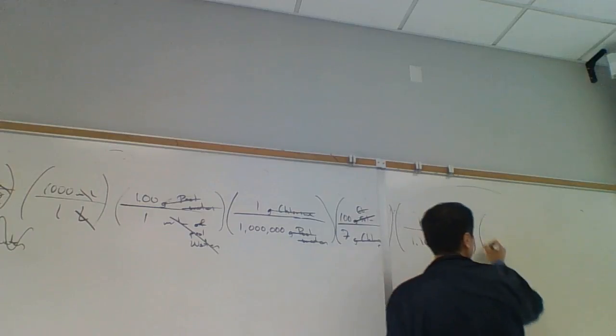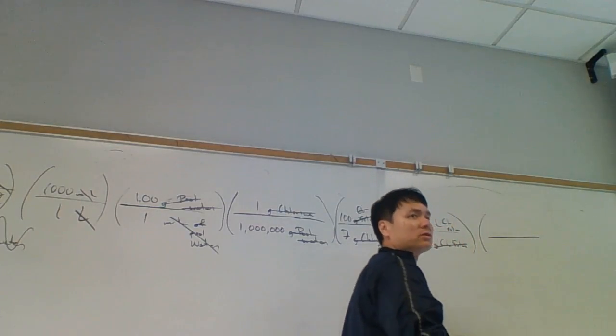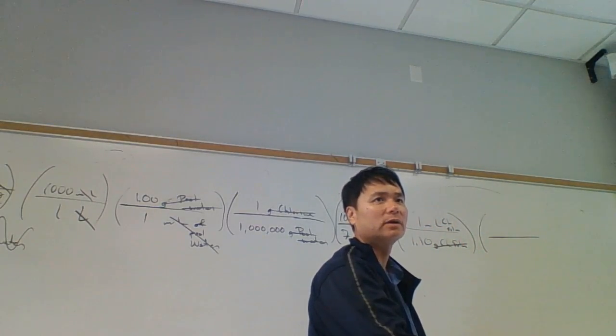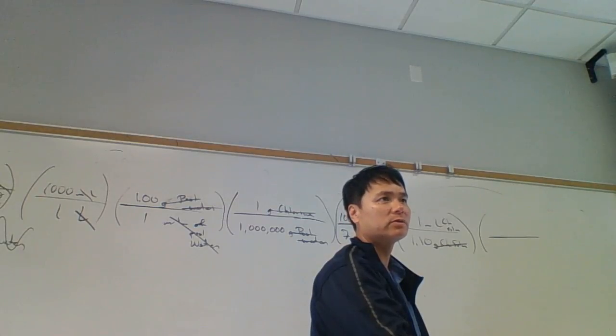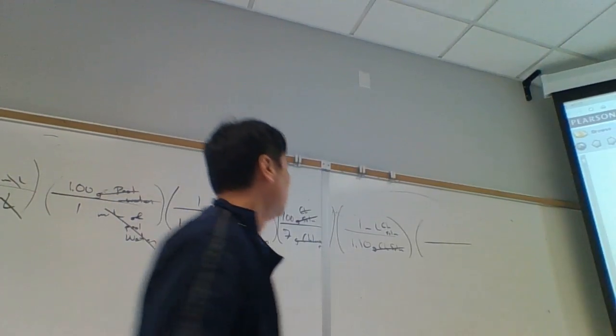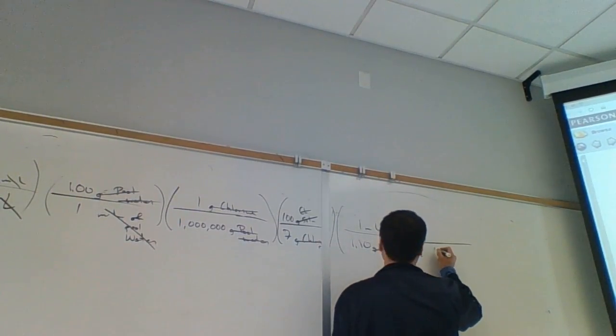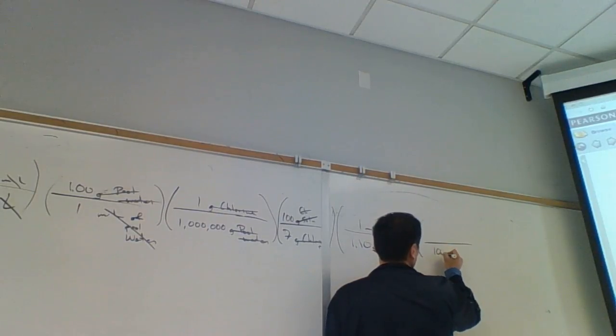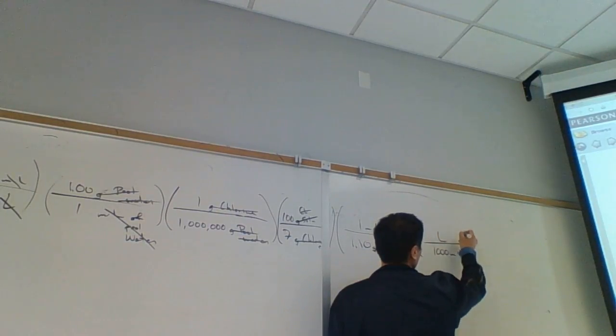Now I need something that gets rid of milliliters or milliliters of chlorinating solution. What should we do? We should get rid of milliliters. And so if I get rid of milliliters, there are 1,000 milliliters in a liter.